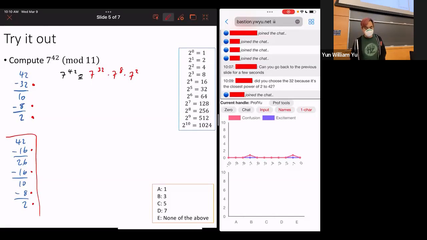But now you just need to solve for at least 3 things, and you know how to do that because those are all powers of 2, and you can compute those.